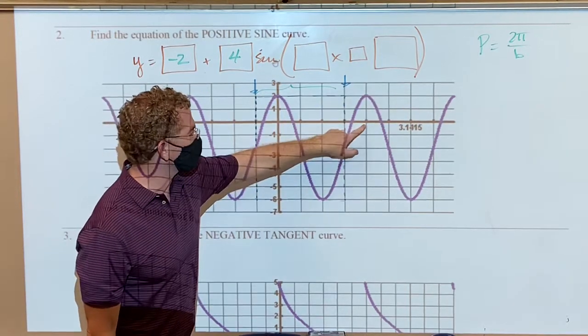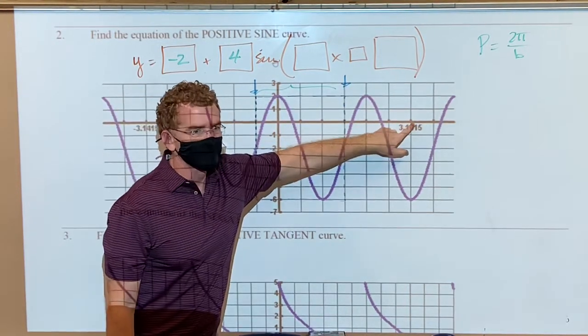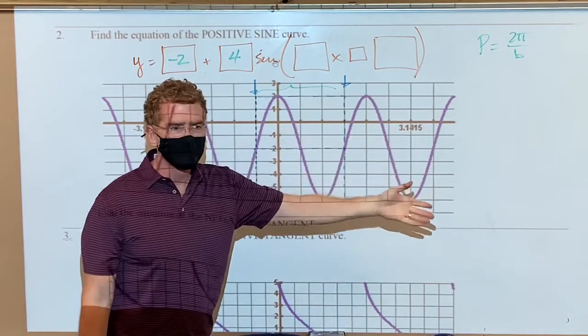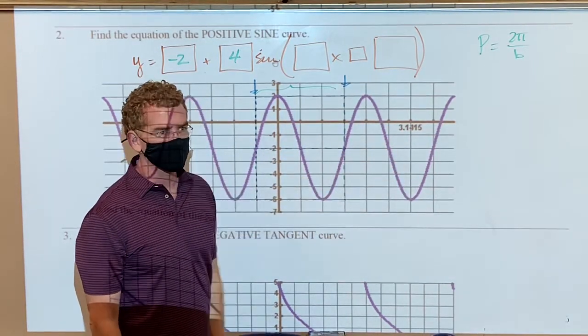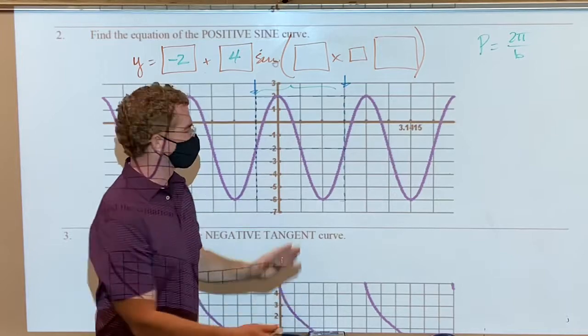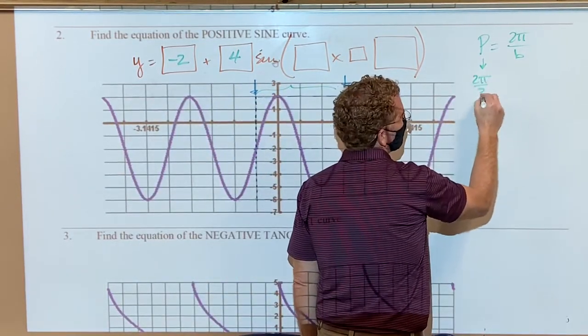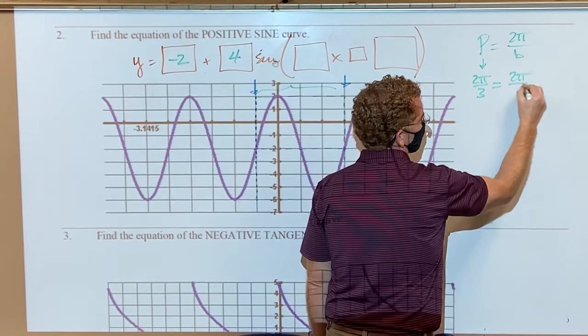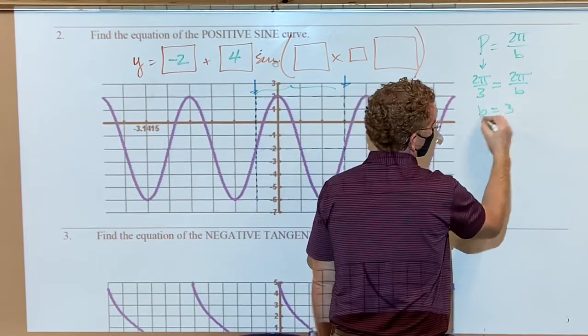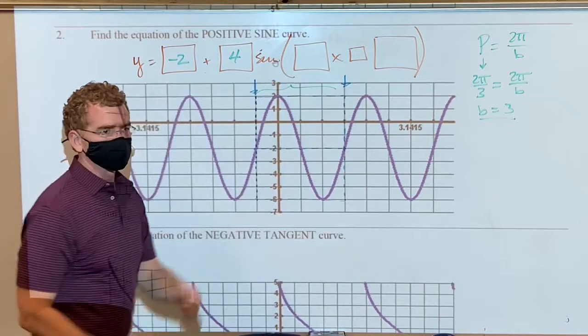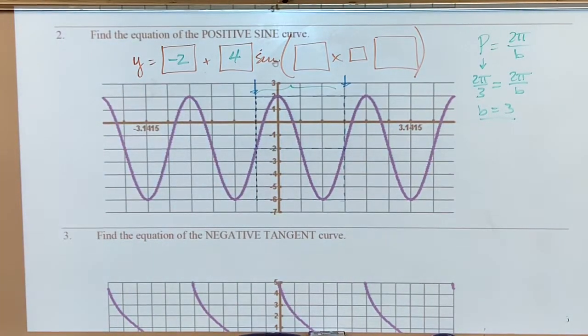Because it's 4 of the 6 ticks. It's 4/6 of pi, or 2/3 of pi, or 2 pi over 3. Are y'all with me on that? So the length of my period is 2 pi over 3. I'm going to replace that with 2 pi over 3. And if 2 pi over 3 equals 2 pi over b, then it's pretty easy to see that b is 3 when you cross multiply, or just eyeball.